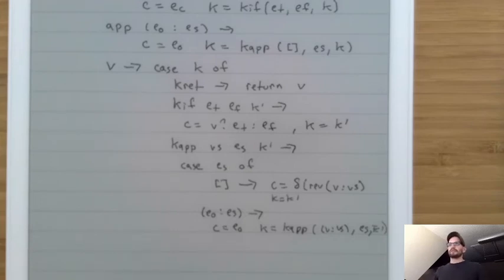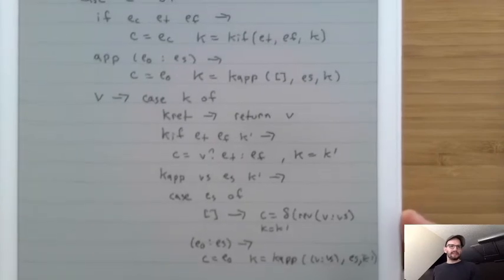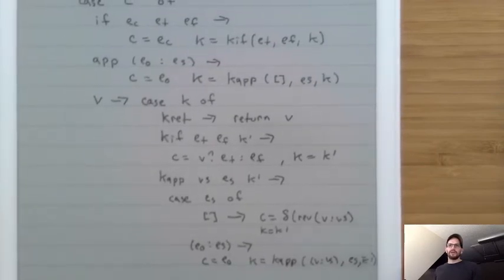In fact, it's so trivial that you could quite easily write it directly in low-level C or even assembly, and that's actually the whole value of the CK machine. The CK machine lends itself very easily to implementations like this.